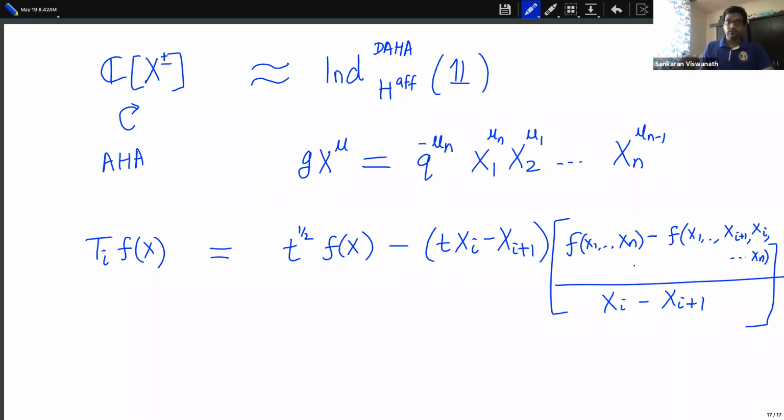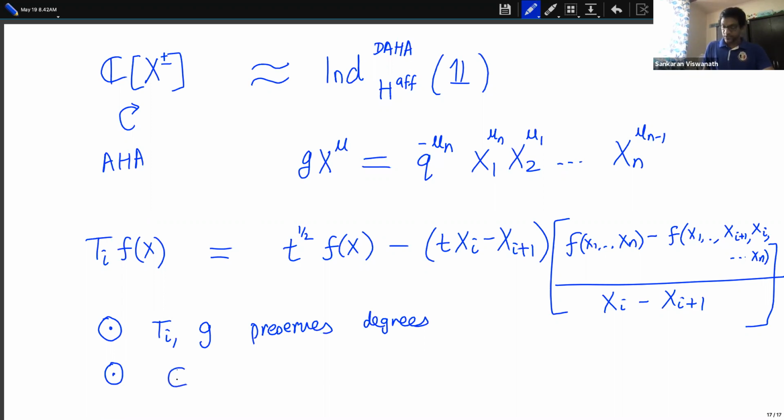And same with g. g again just permutes these. So again this remark was made that the action of ti and g preserves degrees. So if f is homogeneous of degree d, then so is gf and tif.